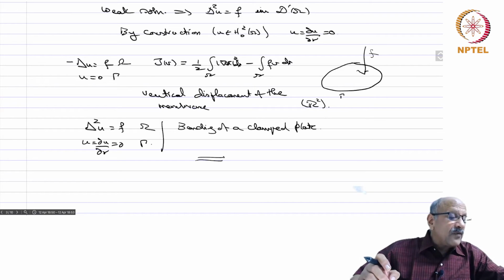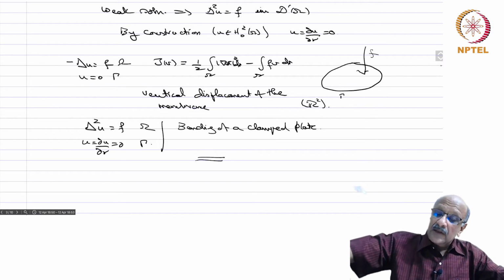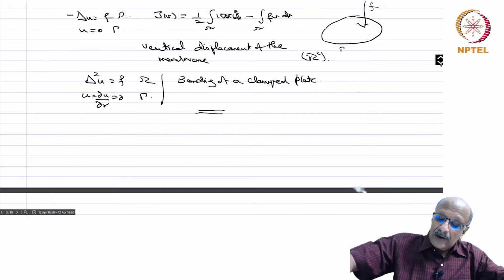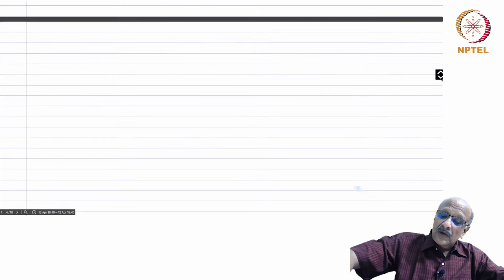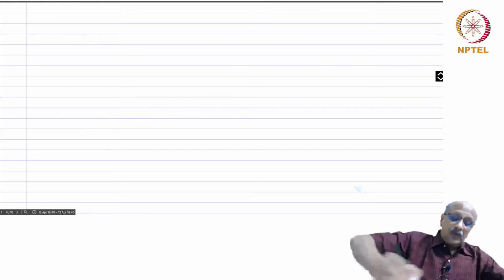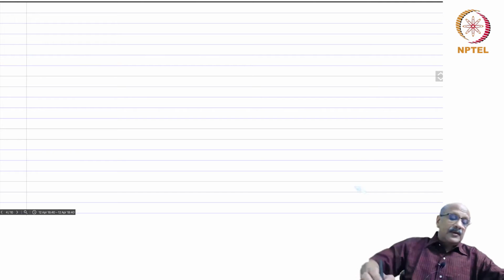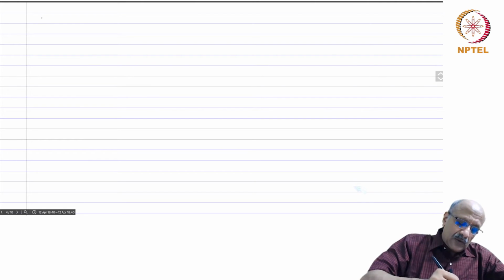So we try to give you a mixed formulation, a different formulation which does not depend on the Lax-Milgram lemma, and therefore it is of a different kind. Okay, so you increase the number of unknowns. So let us give you an example of a mixed formulation.